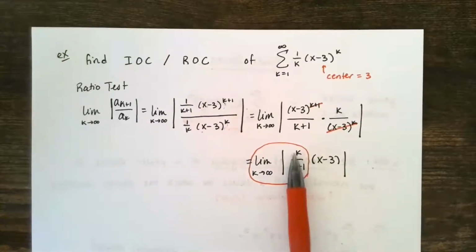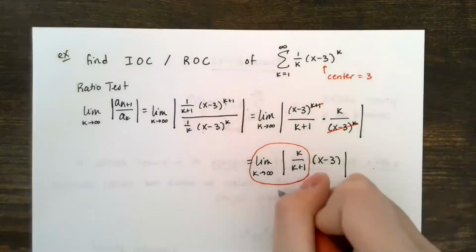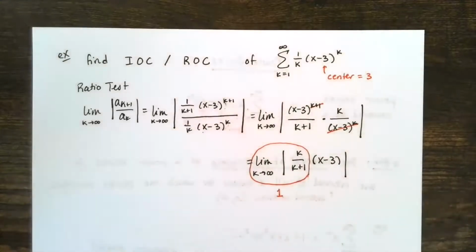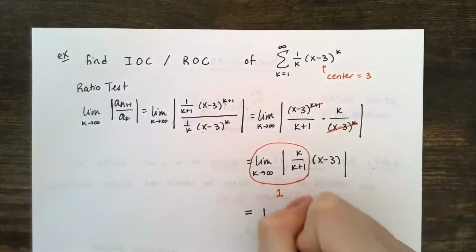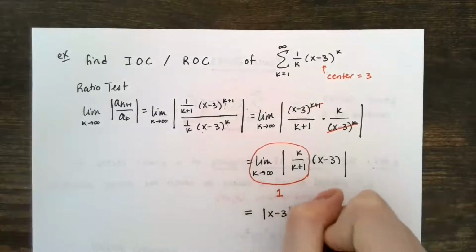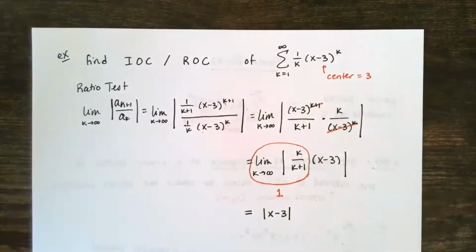You can do the leading terms trick, you can do L'Hopital's rule, but this comes out to 1. And it's just 1 times whatever x minus 3 is in absolute value. So my actual answer for the limit itself, my capital L, is the absolute value of x minus 3. And it's really times this 1 that I'm not writing because I don't need it.